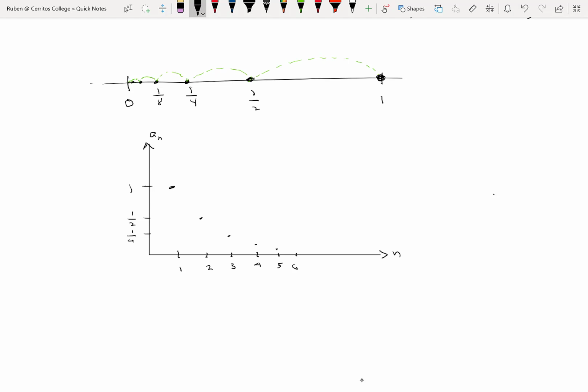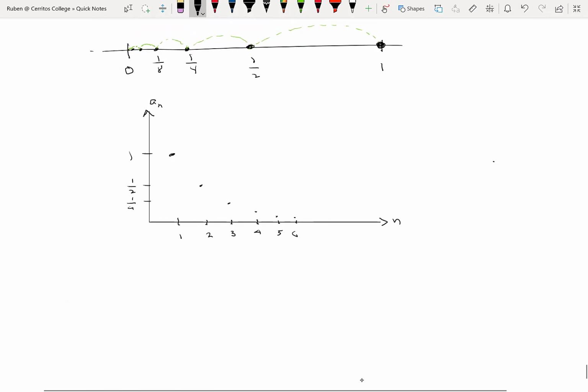In fact, both of these give you an idea of that concept of convergence. If we draw them, whether in 1 dimension on a number line or in 2 dimensions in the plane, we see that the terms in the sequence are becoming very, very small. As n increases, the terms in the sequence are approaching 0. And that's why we say that this sequence converges to 0. So let's go back to the notion of convergence. In fact, this is a very good time for that. Let's talk about convergence of a sequence.